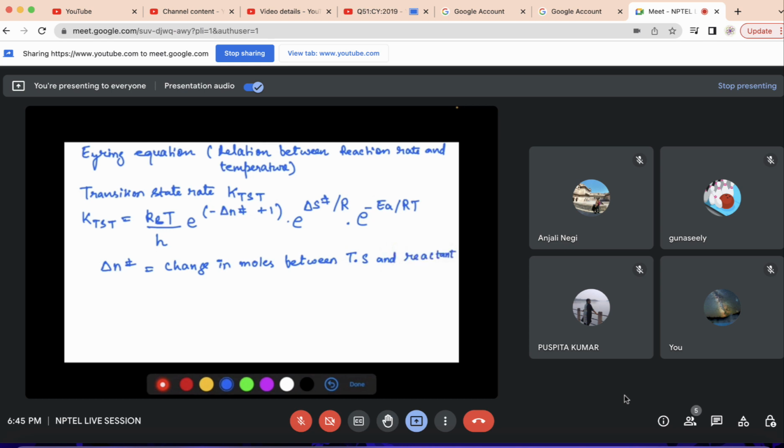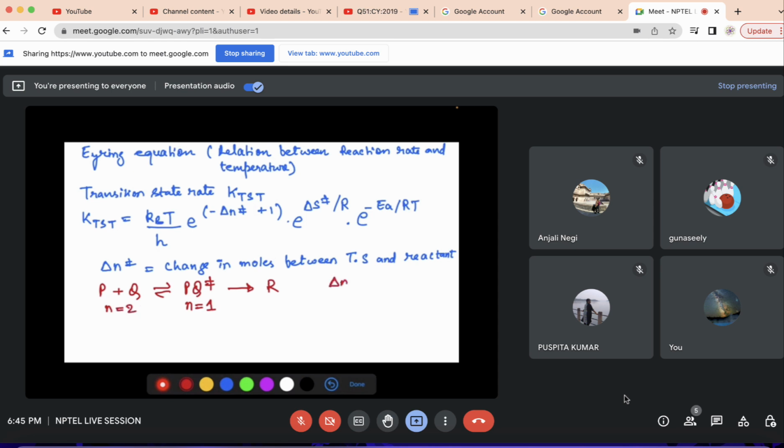For example, in the given problem, we have P plus Q. If PQ is my transition state, it gives me the product R. So here the molecularity for the transition state is 1, and the number of moles is equal to 2 on the reactant side.